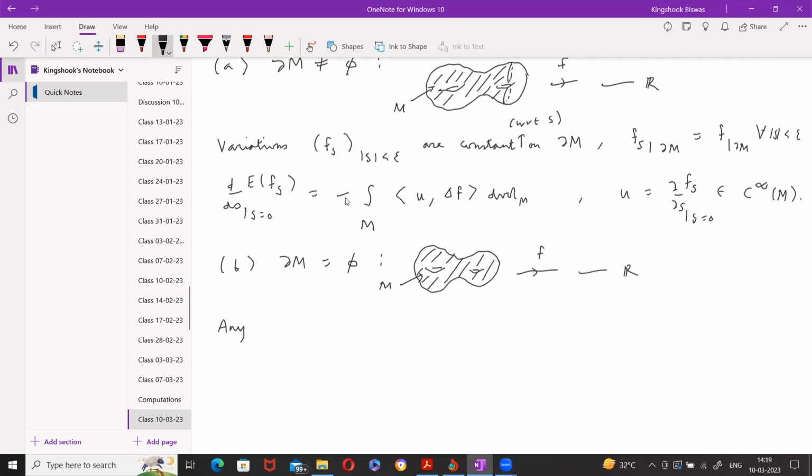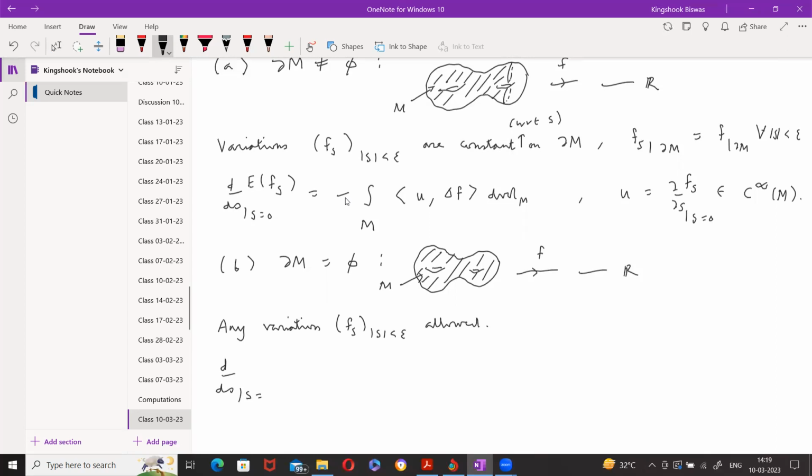So there's no restriction in this case. And you have the same formula for the first variation of energy.